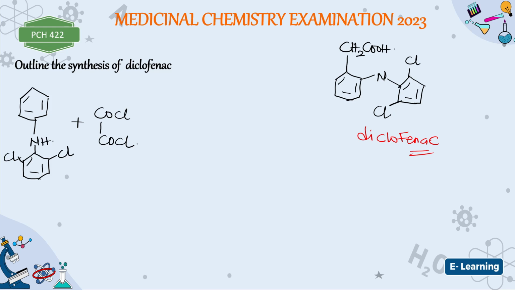So when this now combined with this, it's going to give us something like this. Here will be N. One of these Cl we attack here, right? So we'll be having something like CO. Here will be what? COCl. And then you'll be having this ring here, Cl. Here will be Cl.